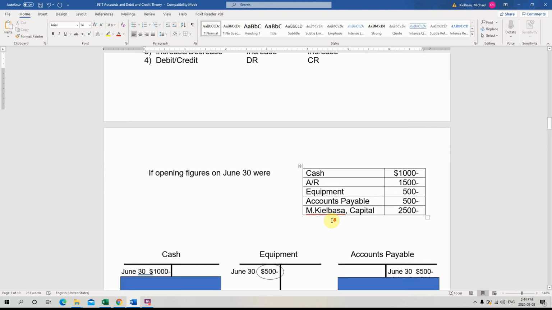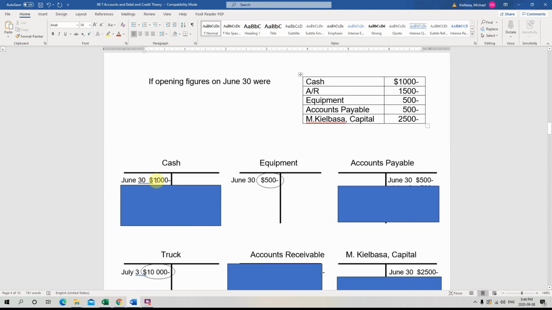So basically what's going to happen is you're going to put the date, the opening balances were listed at. So cash, the opening balances for assets, remember, go on the debit side. So for accounts receivable, opening balances will go on this side.